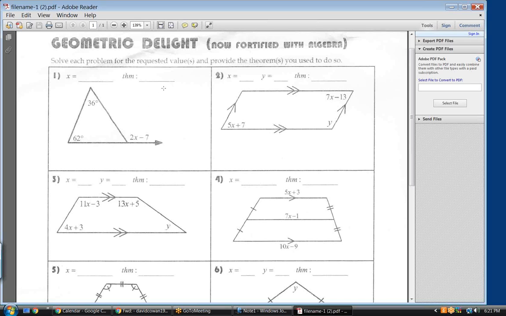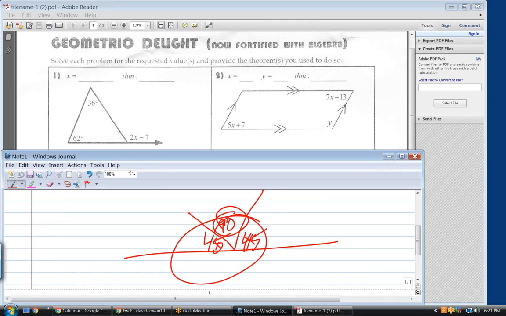Okay, solve each problem for the requested value and provide the theorem you use to do so. For the first one, would you do 2x minus 7 plus 62 plus 36 equals 180? No, those are not the three angles that make up that triangle.